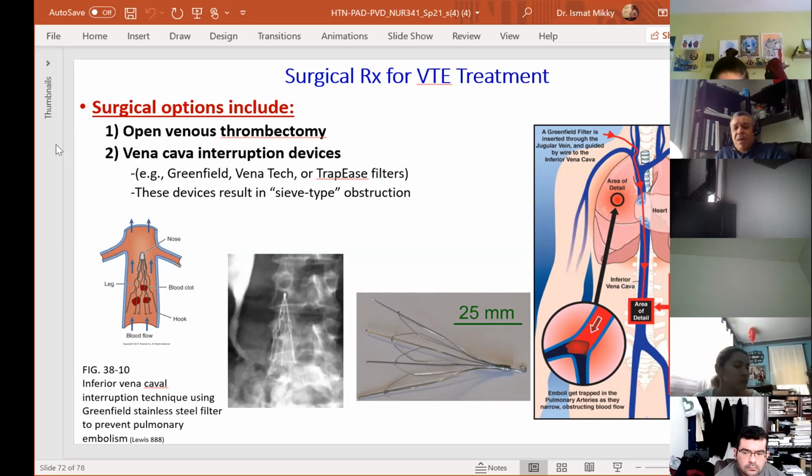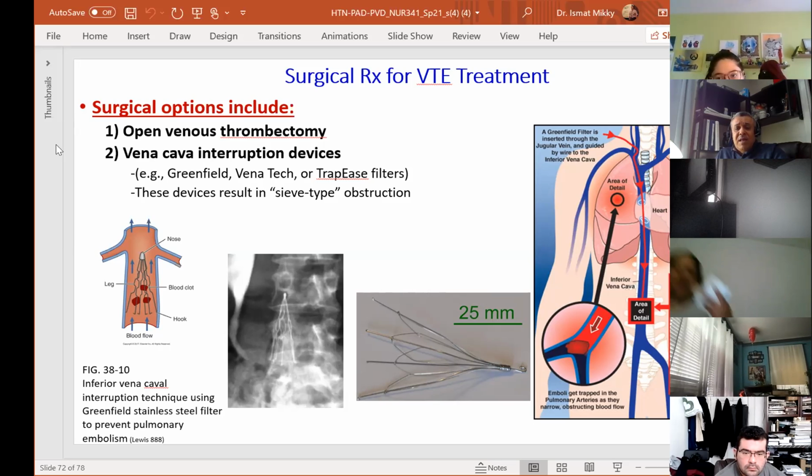These filter devices are recommended if the anticoagulant therapy is contraindicated due to the increased risk of bleeding. So the patient taking anticoagulant therapy is not working for them because the patient is developing bleeding or hemorrhage because of that. So it's not good for them.